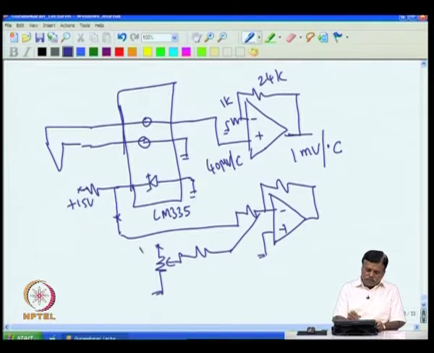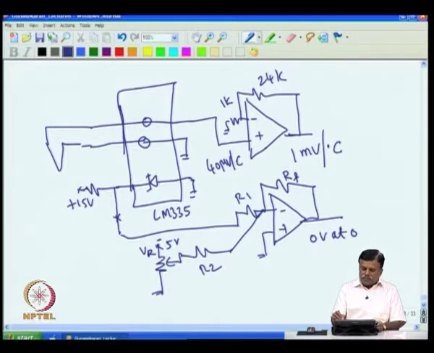So, we have V reference here, say 5 volt reference, if it is there I can have this arrangement. So if this is plus, for the subtraction it has to have minus. So I add the minus voltage, we had shown earlier how to decide on this R1, R2 and all, so that I can get here 0 volt at 0 degree C, and then at 1 degree C I will get 10 millivolt.